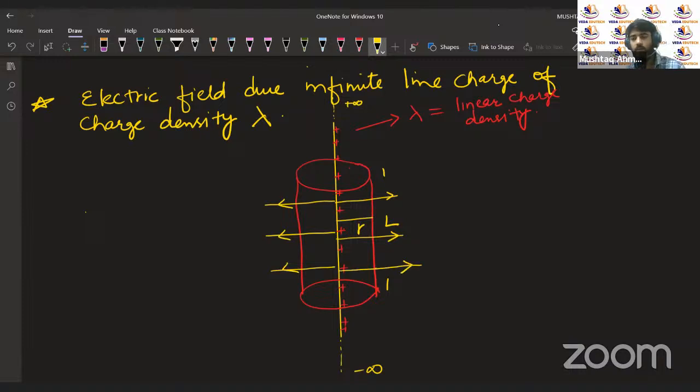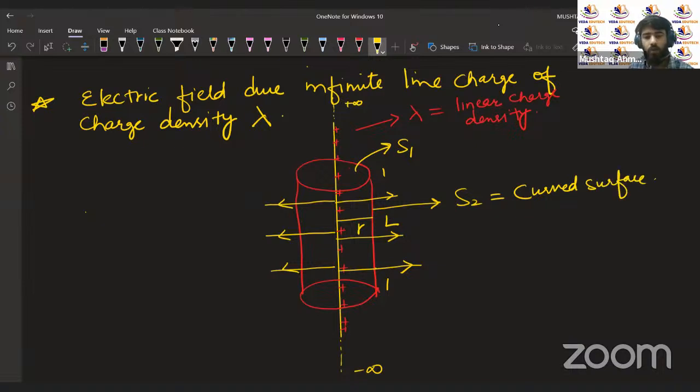And in case of a cylinder, we know there are three surfaces. One is the curved surface area, and there is a circular top surface and a circular bottom surface, right? Let me call this circular top surface S1, and this S2, that's the curved surface area, right? Curved surface. And the circular bottom area, that's S3, right?